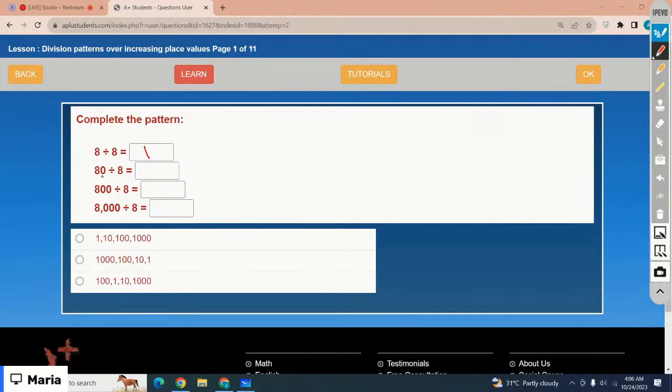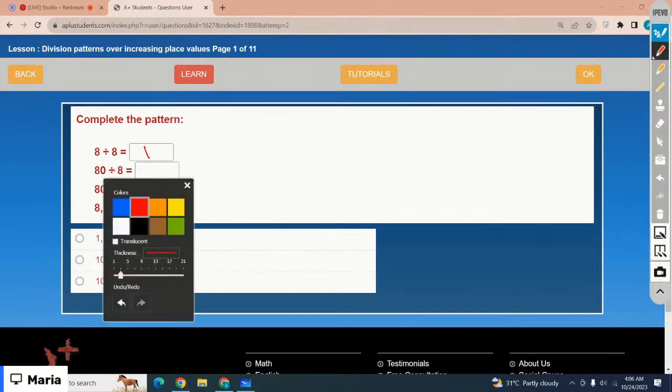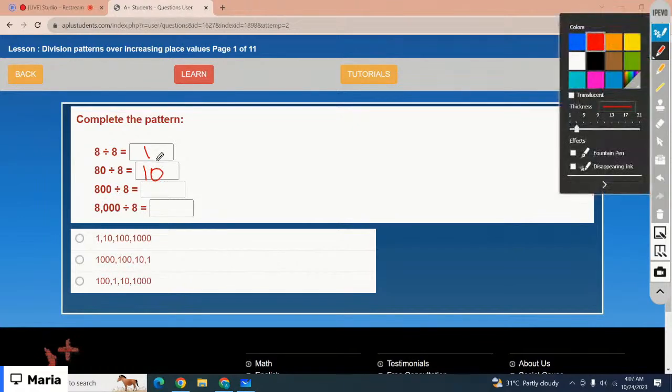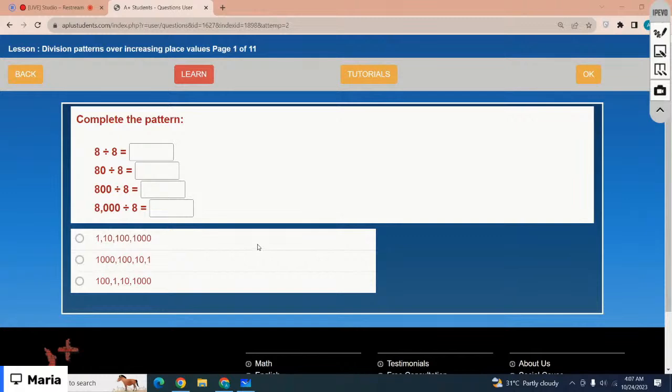When you divide, you have to add the same zeros to the answer, right? Then you have 10, then 100 and then 1000. So option number 1 is the correct option, right?